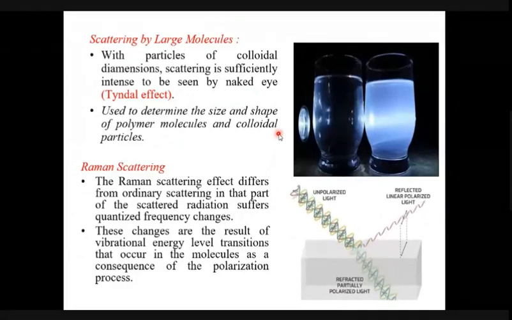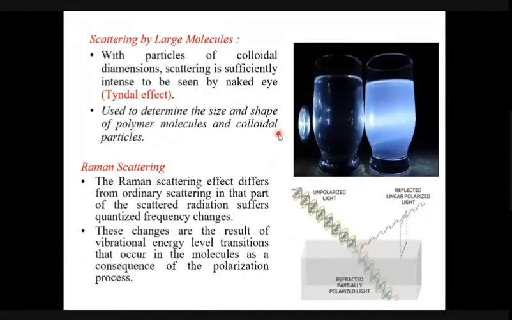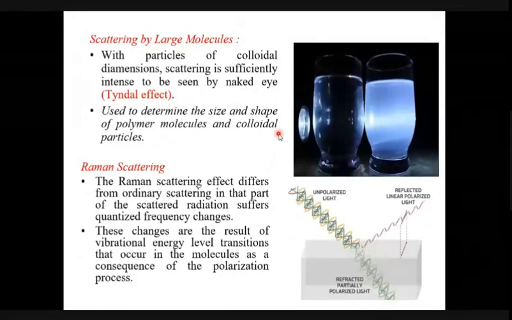What I mean to say is, generally, when the particles are small, the fraction of light that is getting scattered is not detected by the naked eye because the fraction is very, very small. But as the particle size goes on increasing, the quantity of scattered light goes on increasing. So at the colloidal level, you can even observe that with the naked eye.